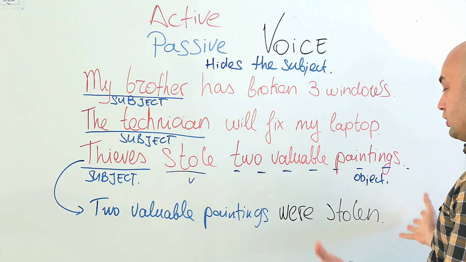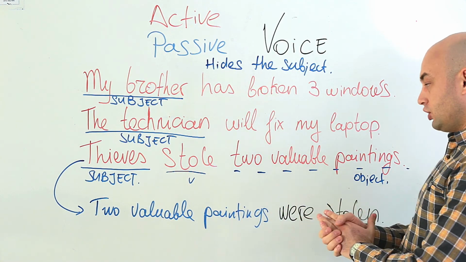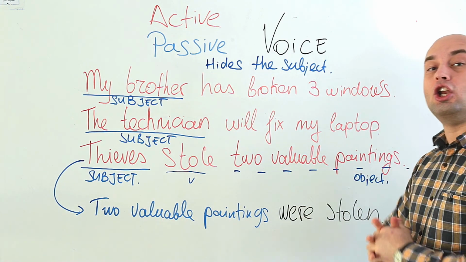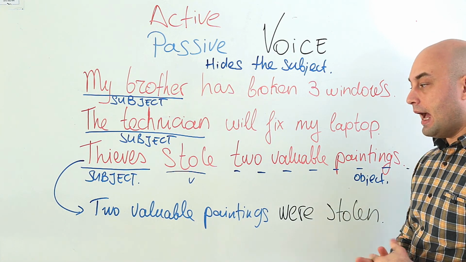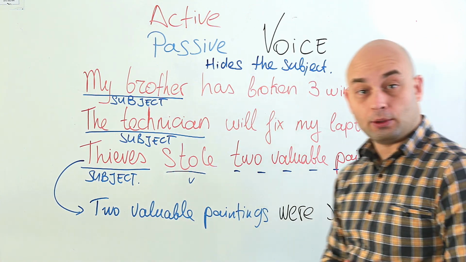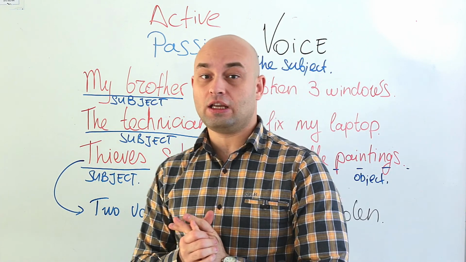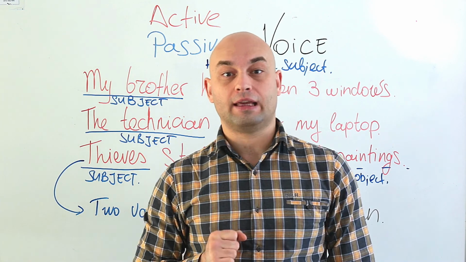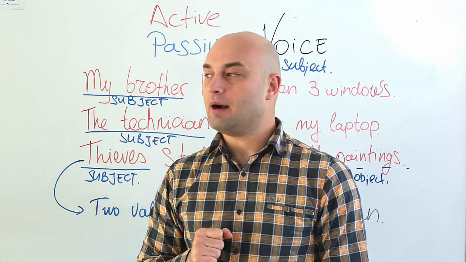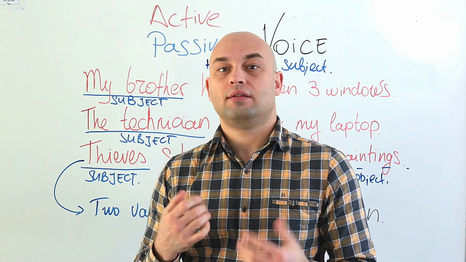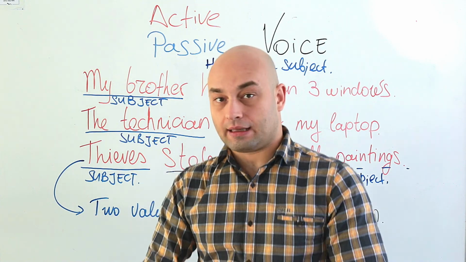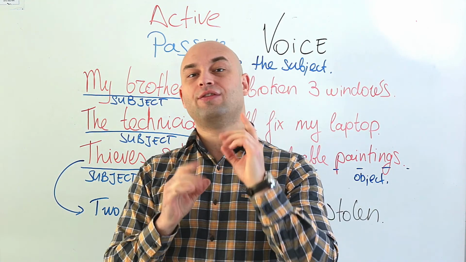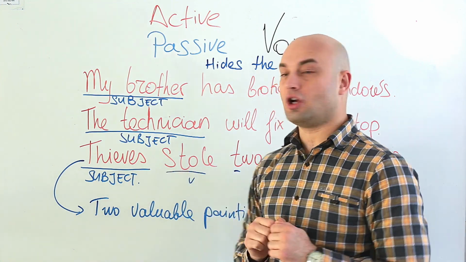There's literally nothing missing there. And if I tell you two valuable paintings were stolen at the museum last night, you see, I'm not pointing my finger at anyone. I'm not saying they were thieves. Of course, you understand they weren't stolen by a ghost, but you're not even thinking about who stole them.